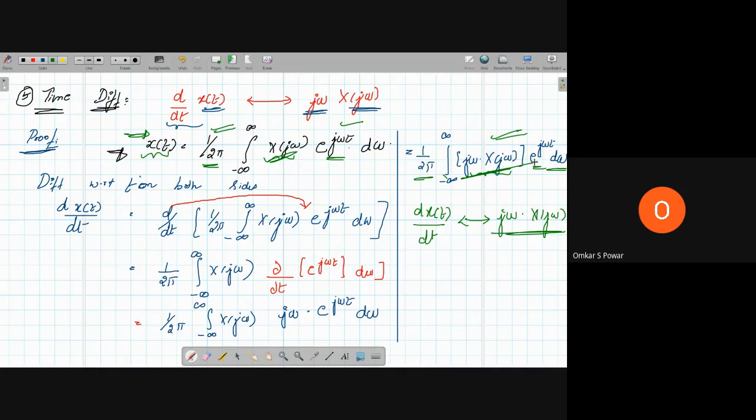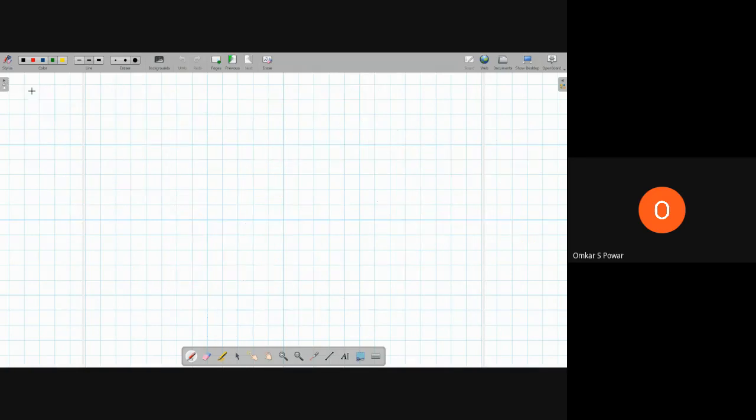Okay, so now let me go to the next property, which is the frequency differentiation property. So what does the property say?